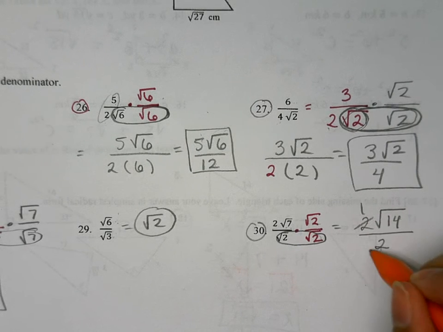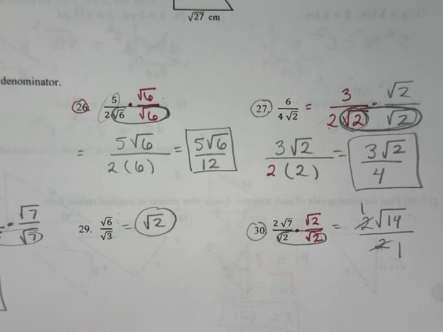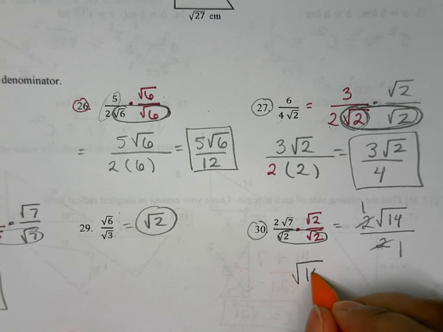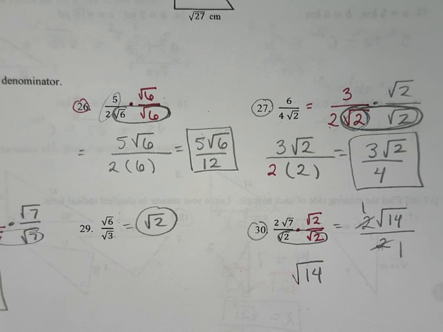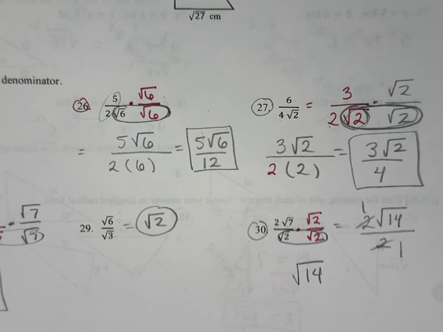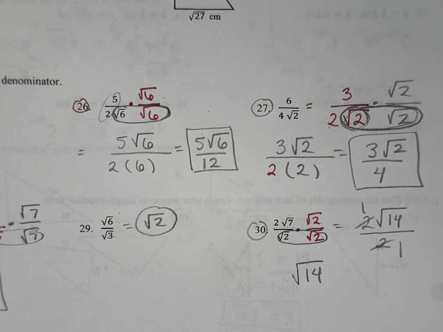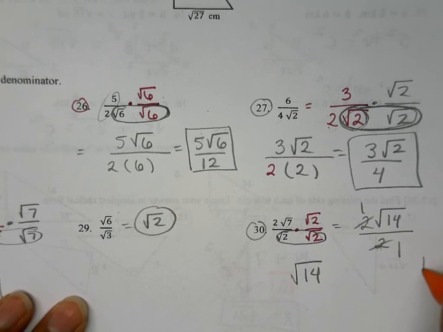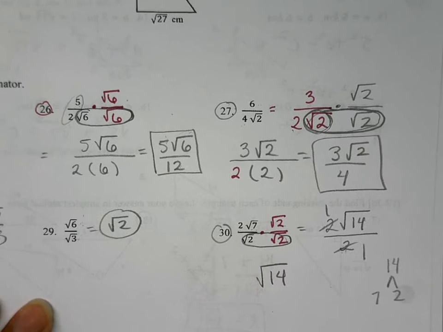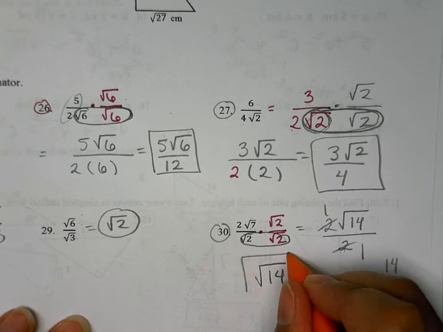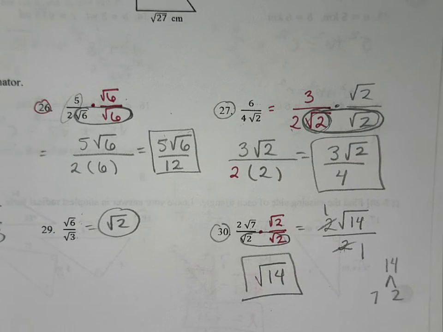Right, I can't reduce the 2 and 14 because one's a radical, one's not. 2 becomes 1, 2 becomes 1. What am I left with? And is root 14 okay as long as it's not in the denominator? Do a quick mental check, what does 14 break down into? Any pairs? No. So root 14 is your final answer.